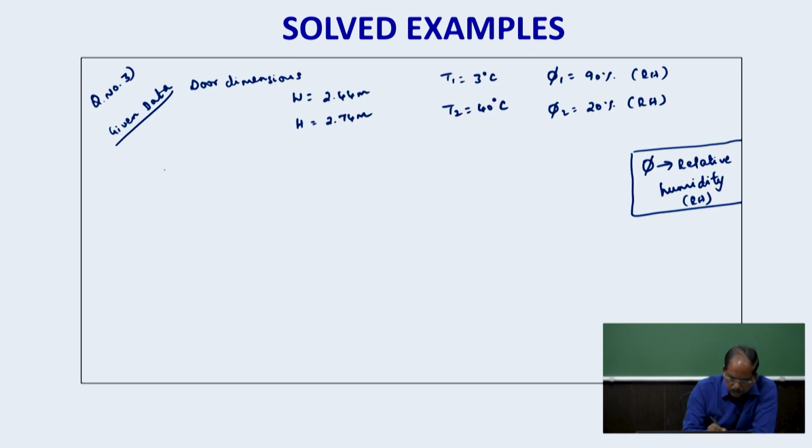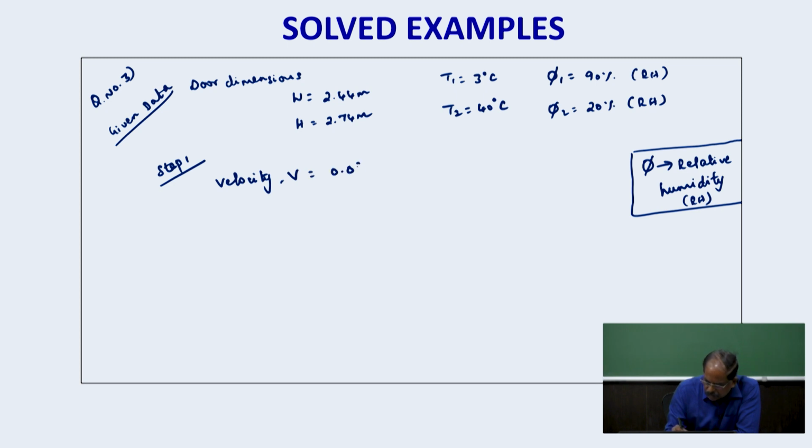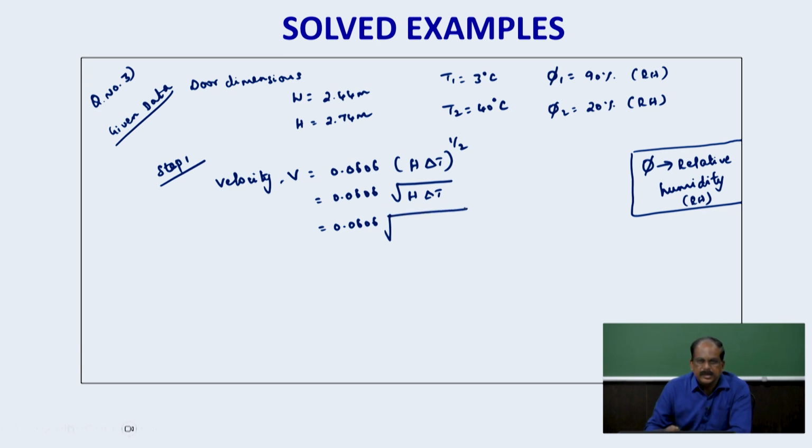Step 1: V = 0.0606 into the square root of h into delta T. Height should be substituted in meter, not in centimeter or millimeter.